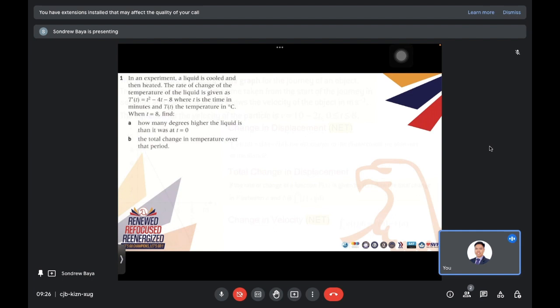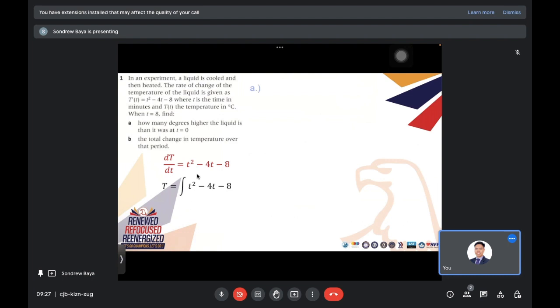So for letter A, first you need to write this in this particular form so it's easy to understand. Here, T prime of t is simply the derivative of T, the rate of change of temperature with respect to time. So if you wanted to find the temperature function, you just have to find its integral.